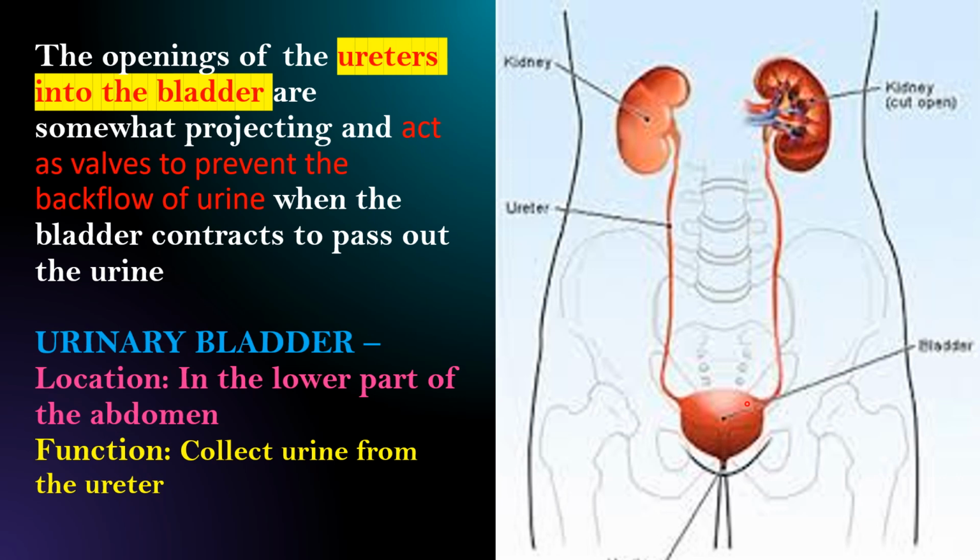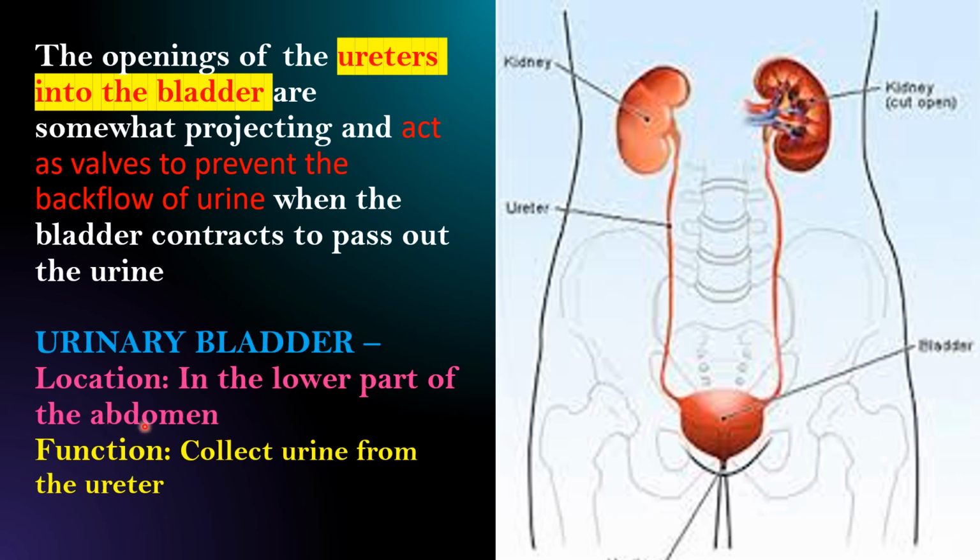When the bladder contracts to pass out the urine, there is a chance of backflow of urine. To prevent that, there are projecting structures acting as a valve. All of you understood?